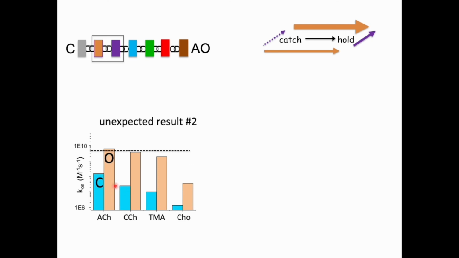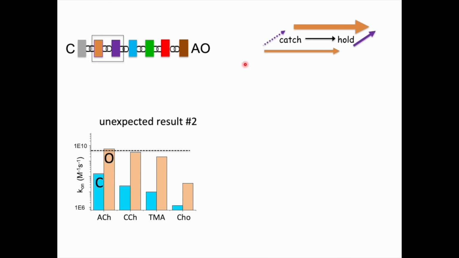You recall that we use this reduction in C with a reduction in EC50 to divide binding into diffusion and catch. So now we want to try to use this model shown above to try to explain why these guys are at the diffusion limit.